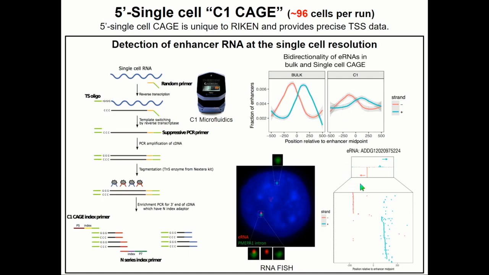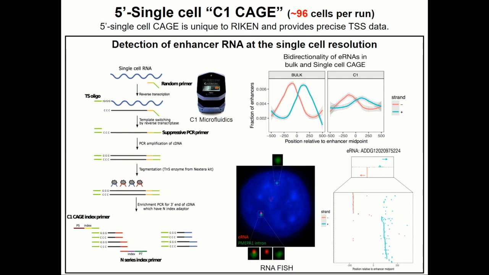In this example, this is an analysis on one enhancer RNA, and we know that enhancers make bidirectional transcripts, but we never know if in the same cell the RNAs are always in one direction or in the opposite direction. Our data seem to suggest that in different cells, enhancer RNAs are transcribed either in one direction or in the opposite direction.